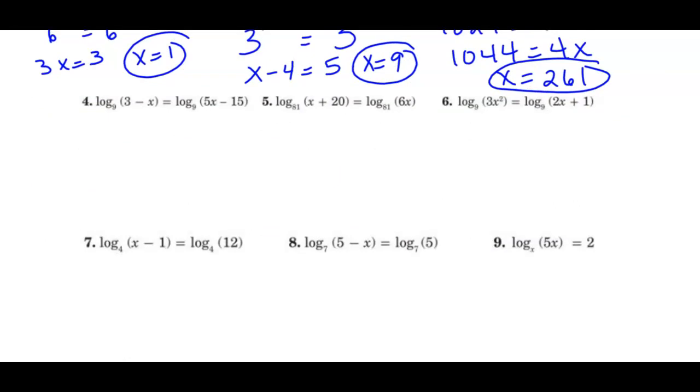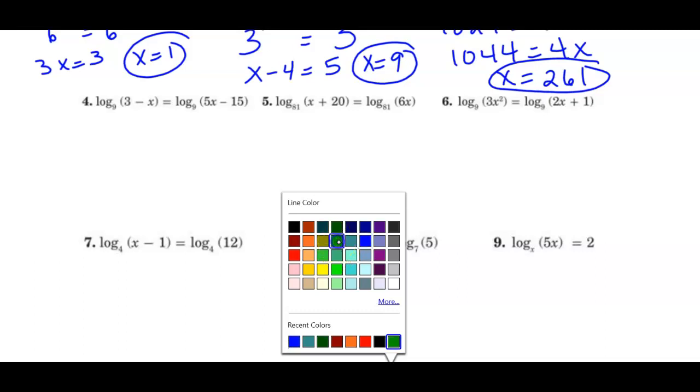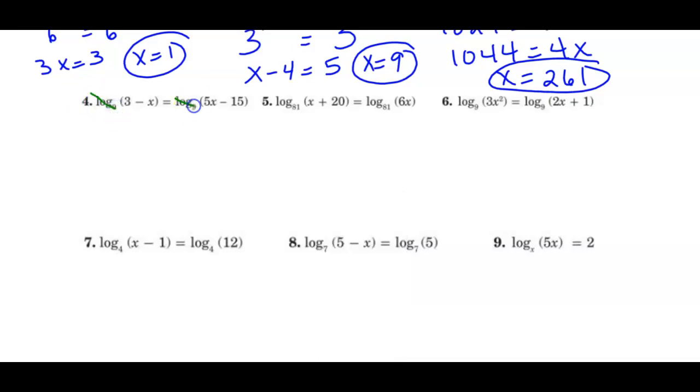So these bottom ones, or the second row here, all of these are log equal to a log. So you can just cross your logs off. Switch colors. 3 minus x equals 5x minus 15.